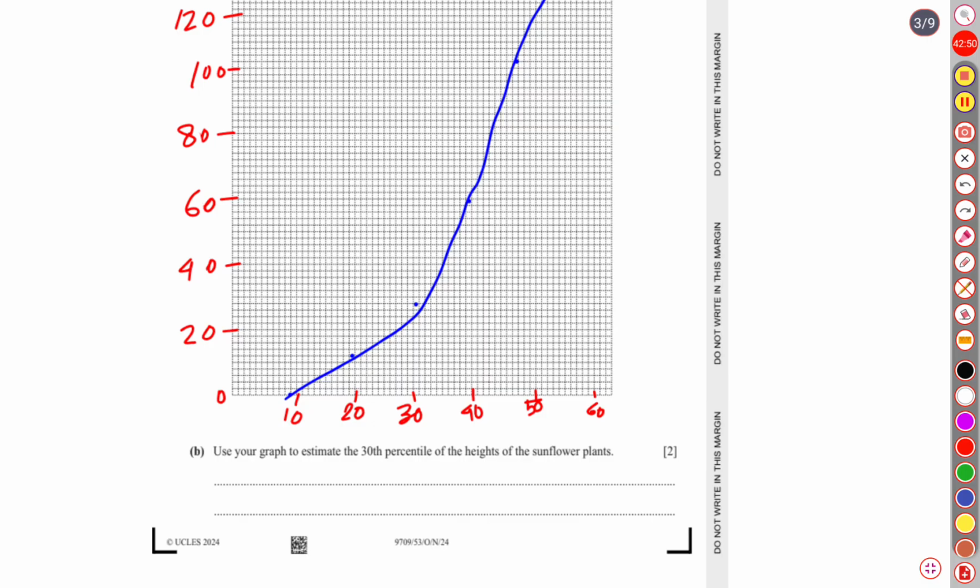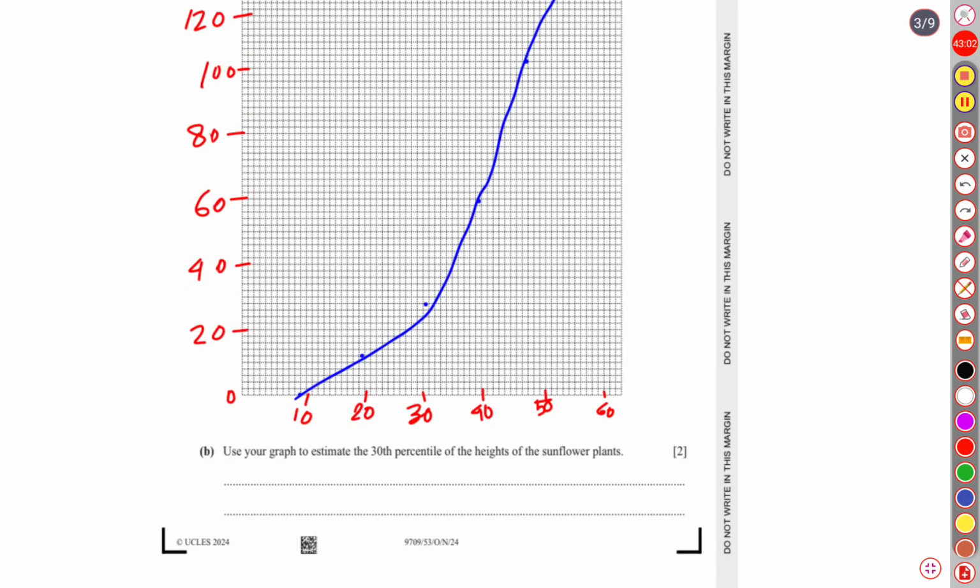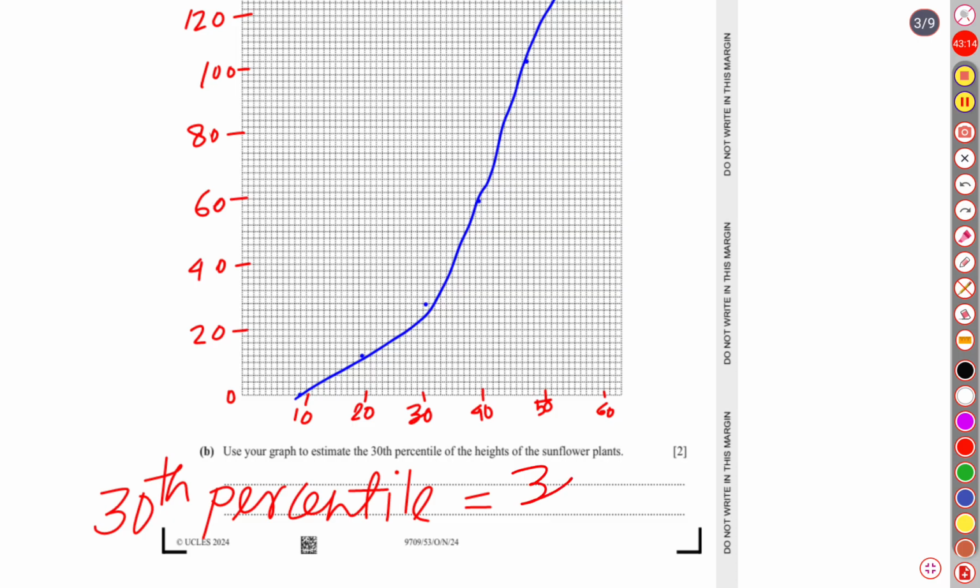So first of all, the 30th percentile is equal to 30 over 100 times the total, which was 150. That is how much? 45th data.